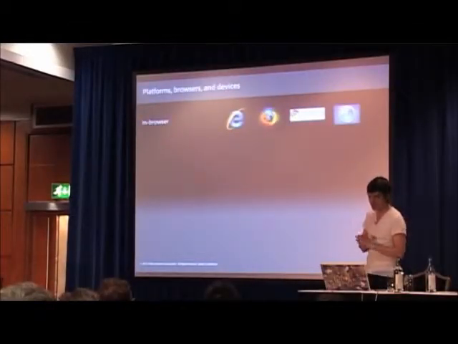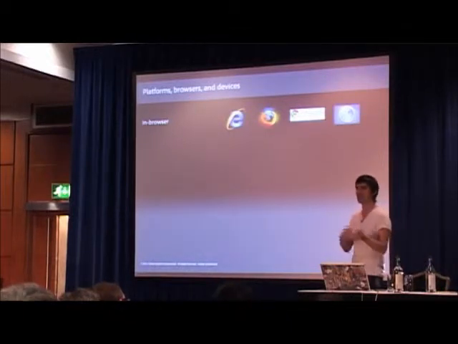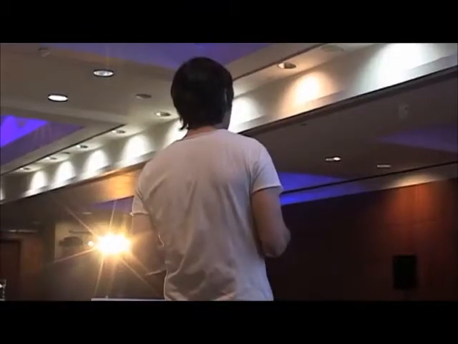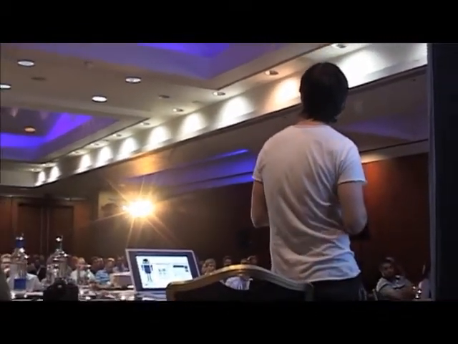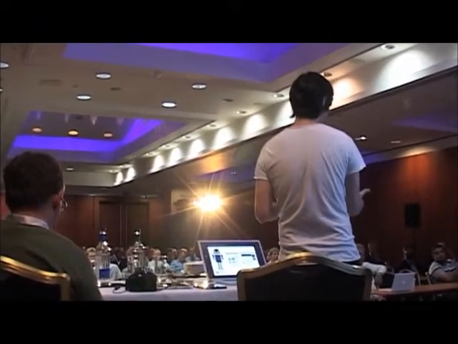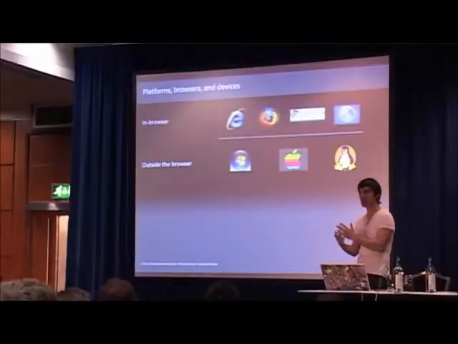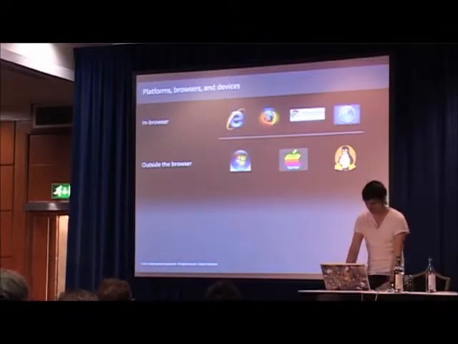So thanks to Flex today, you can target all the browsers, of course. And what is good with Flex is that you don't have to take care of all the testing stuff that you have with JavaScript regarding the browsers, etc. With Flash, you just develop for the Flash player. You can also develop applications outside the browser, such as desktop applications, thanks to the Adobe Air runtime on Windows, Mac, and Linux.